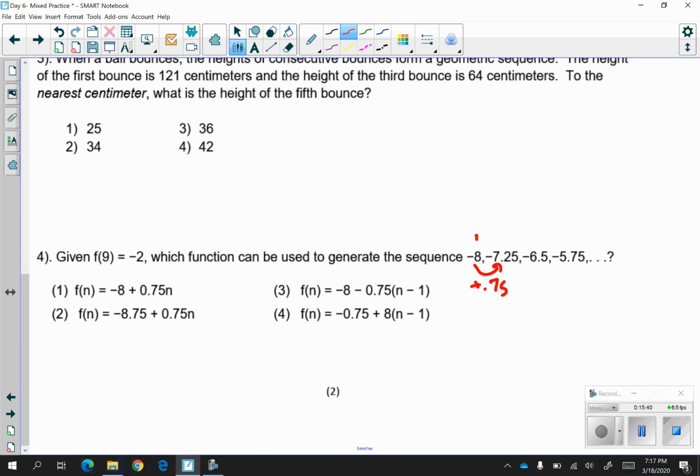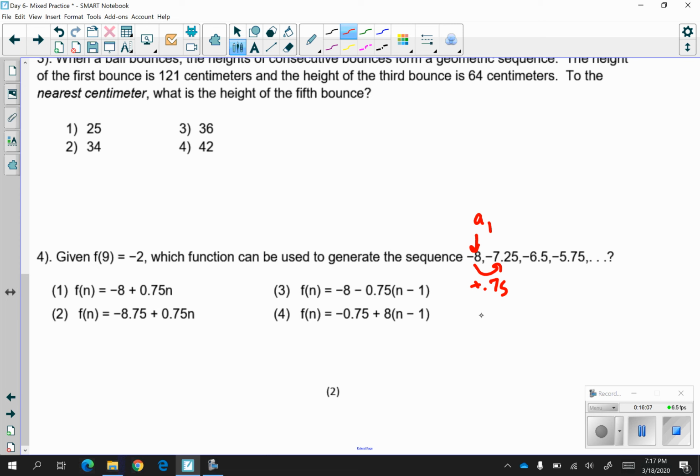And you also have your a sub 1, your first term. So if you want to model this, because we're adding, we know this is arithmetic, and all these answer choices they all have one piece of information. So all of these are explicit.